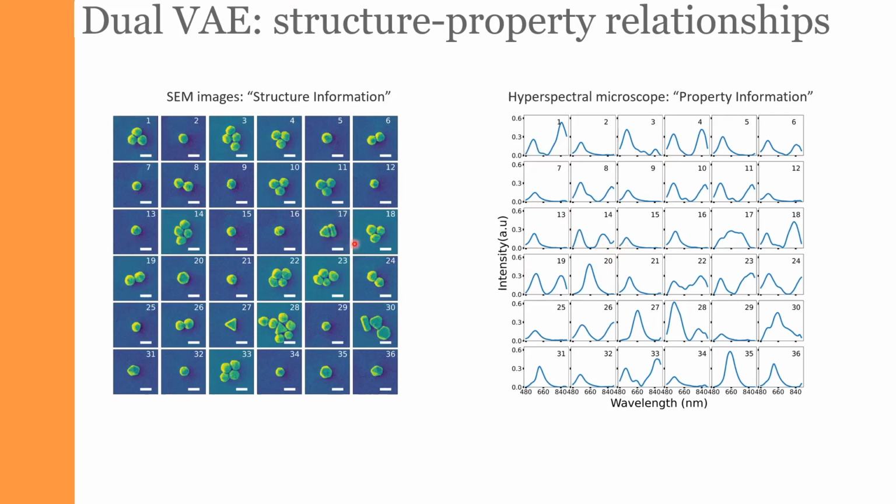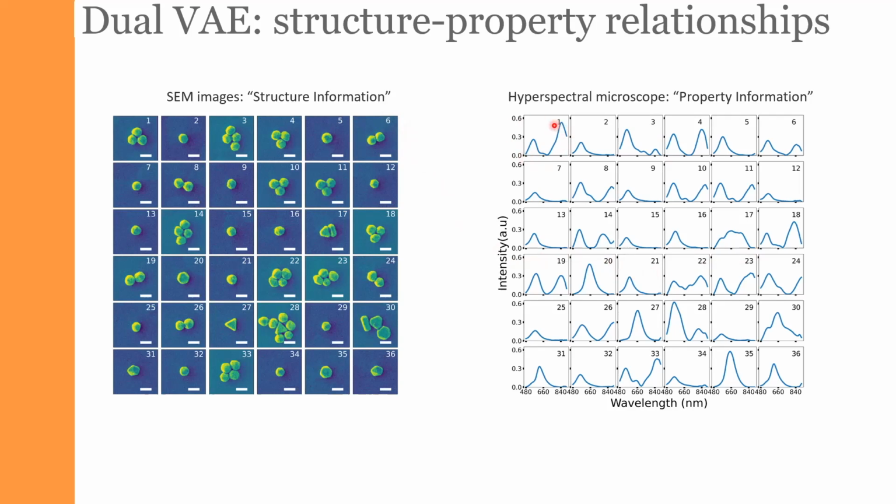If you have a more complex arrangement, like number 17, you see that the shape of the optical spectrum is also different. So similarly to the examples that Kevin has shown, there is some relationship, and there should be some relationship between the number of particles in the cluster and their shape and the optical spectrum.